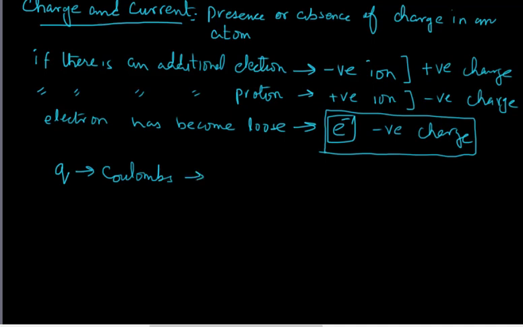The charge of an electron is 1.602 times 10 to the power minus 19 coulombs. You must not forget to put a negative sign before this because the charge on an electron is considered to be negative.